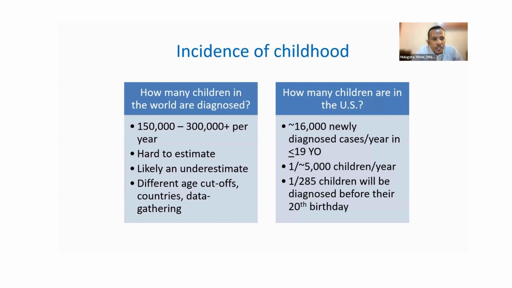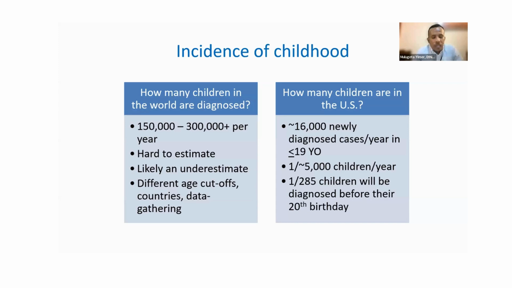So the incidence of childhood cancer, as you know, generally the numbers are variable. Some recent reports from global estimates exist, but it's really hard to estimate, mostly because of different cutoffs, and the cancer registries, specifically childhood cancer registries, are not widely available in most countries, specifically in low and middle income countries.